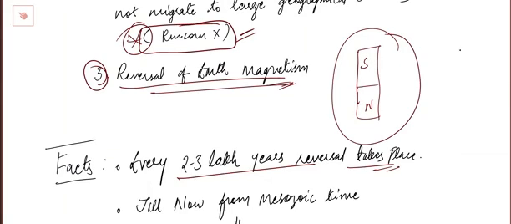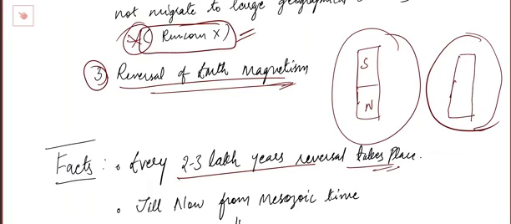In future, 2 to 3 lakh years after, the earth's magnetism is going to take a complete reversal, that is, the north and the south pole will swap. This is not a sudden process; it takes time. It is a gradual process.